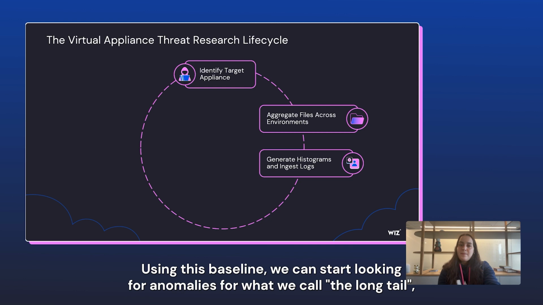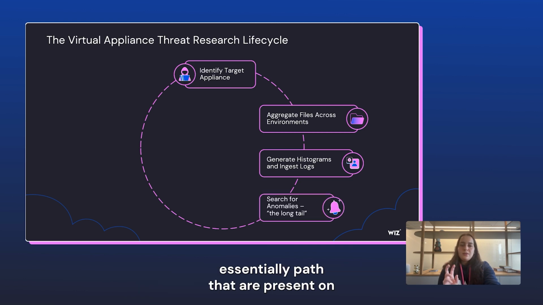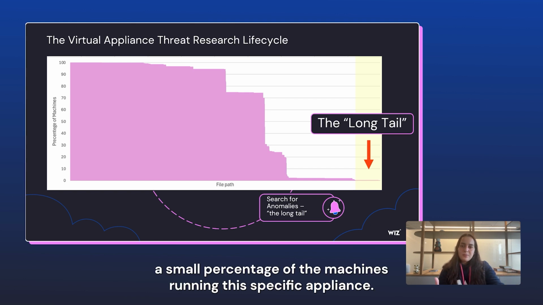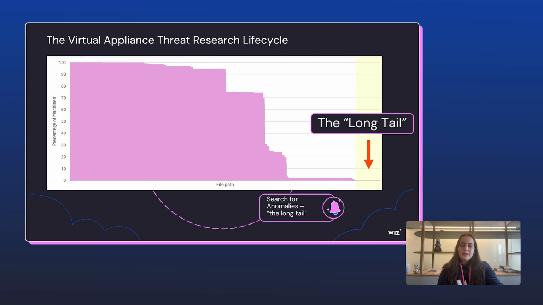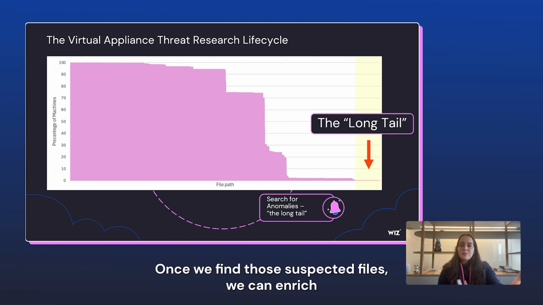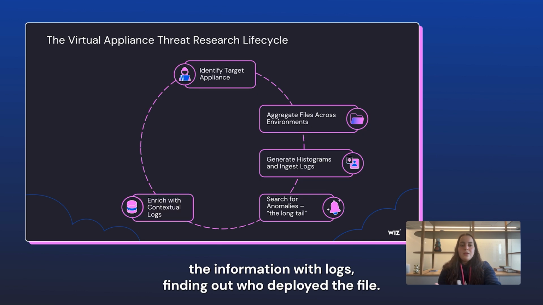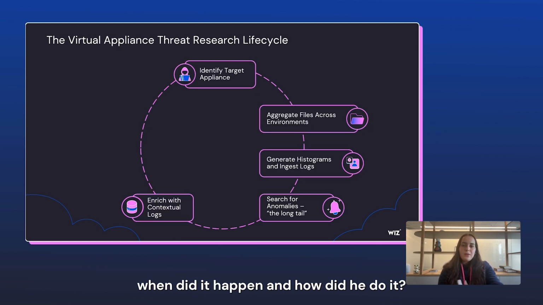Using this baseline, we can start looking for anomalies, for what we call the long tail, essentially paths that are present on a small percentage of the machines running this specific appliance. Once we find those suspected files, we can enrich the information with logs, finding out who deployed the file, when it happened, and how it was done.